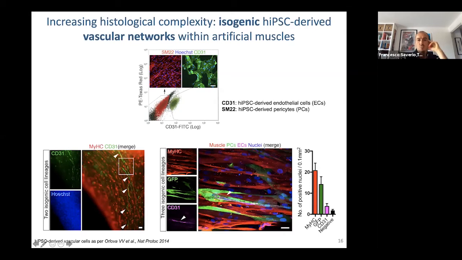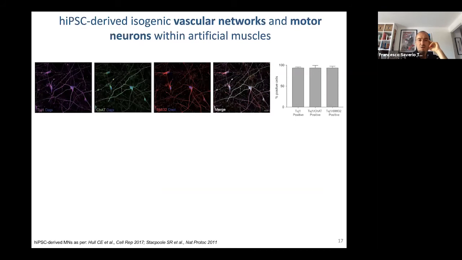And then we also moved this platform further on and added not only vascular cells, but also motor neurons, which are of course critical for muscle function. And this is work we did in collaboration with Rickie Patani at the Crick, also using alternative protocols as well. But the example you see above here is the protocol that was developed in Rickie's lab.